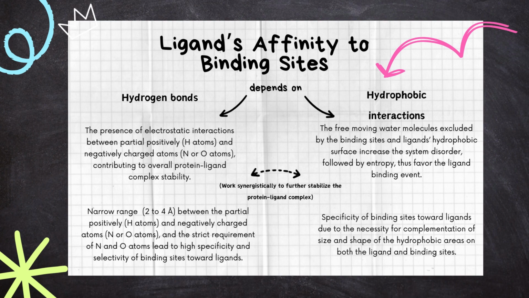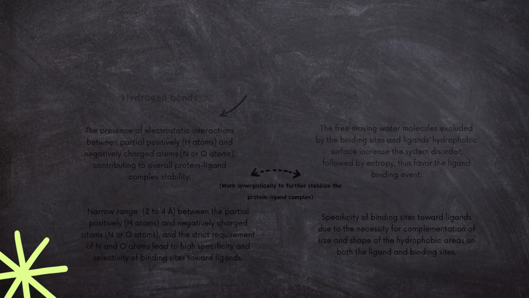Whereas the binding site specificity toward ligands is the result of the requirement for the size and shape of the hydrophobic regions on both the ligand and the binding site to be complementary. Sometimes hydrogen bonds and hydrophobic interactions can work together to further stabilize the protein ligand complex.